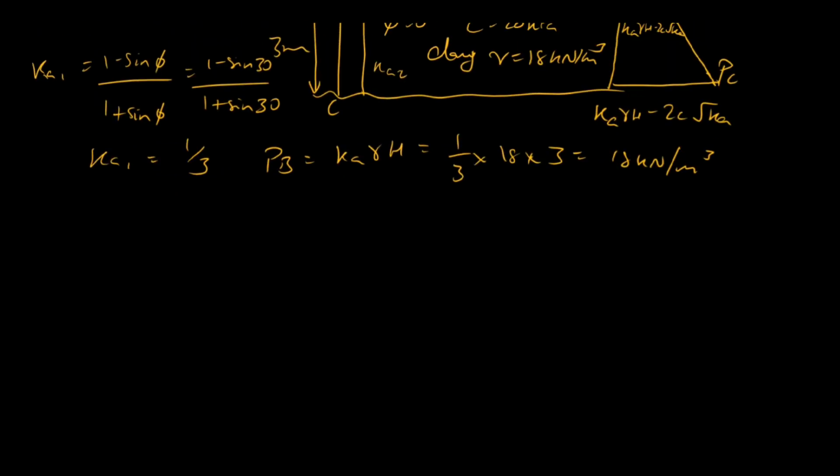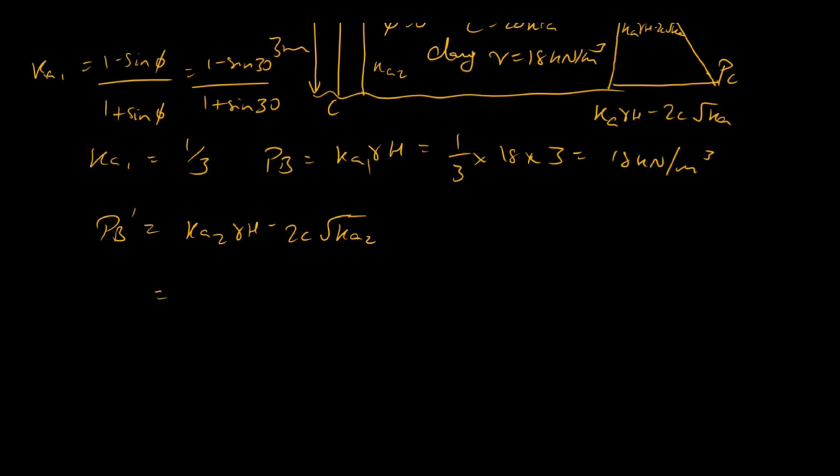The pressure distribution at the top layer of clay, Pb dash, will be equal to Ka2 gamma H minus 2C root Ka2. Because for the clay layer, the value of Ka is 1.